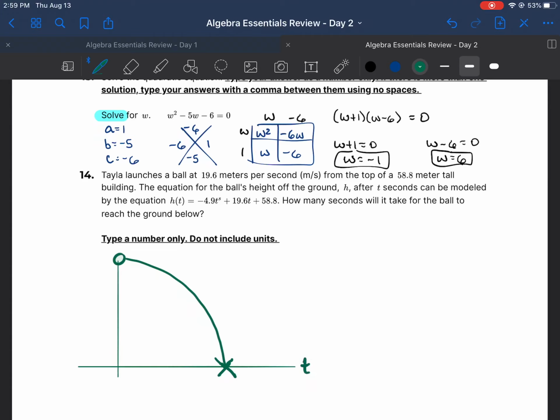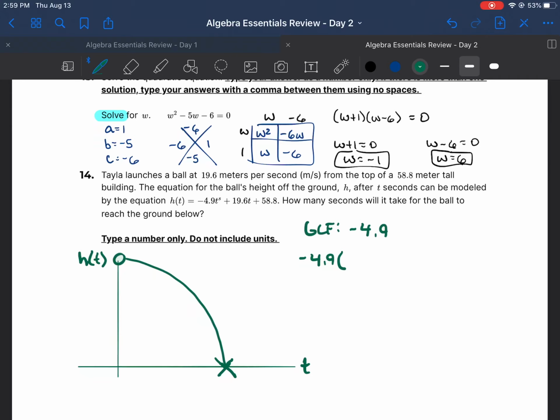Well, since the horizontal axis will be time and the vertical axis will be height, we are essentially looking for a root or a solution. So one thing we can do is we can try to factor this and set our roots equal to 0 and solve. So the GCF in this particular equation actually turns out to be negative 4.9. We can factor out negative 4.9, and let's see what we would get.